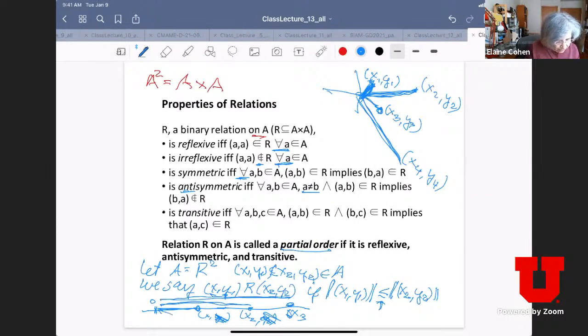So if the length of the line to x1 is shorter than the length of the line to x2, and the length of the line to x2 is shorter than the length of the line to x3, then clearly the length of the line to x1 is shorter than the length of the line to x3. Okay, so this last case is a partial order on, let's say, the positive real line.